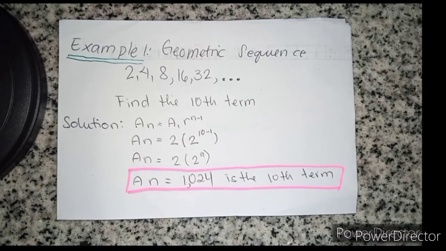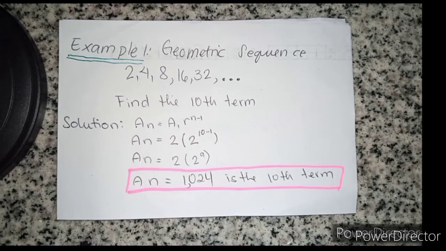When you multiply the first term by 2, you will get 4. When you multiply the second term by 2, you will get 8. Okay, and so on. So our common multiplier here is 2, or the common ratio is 2.